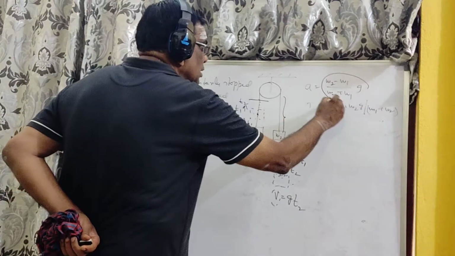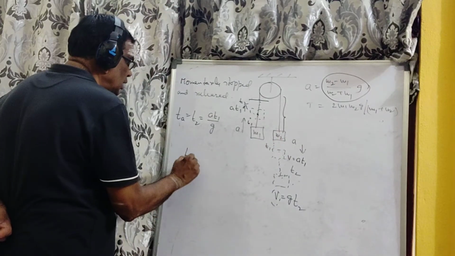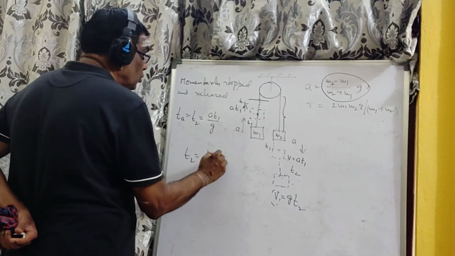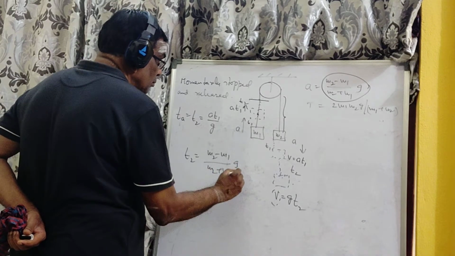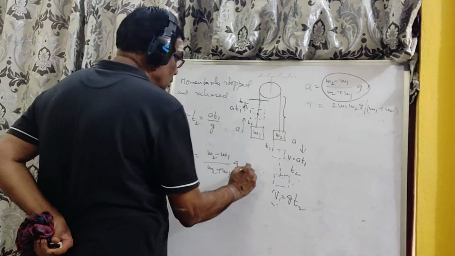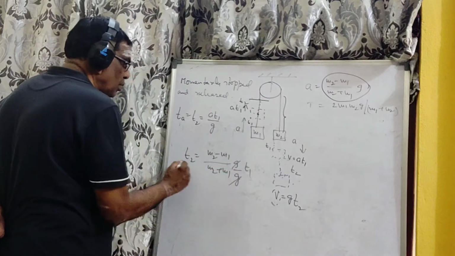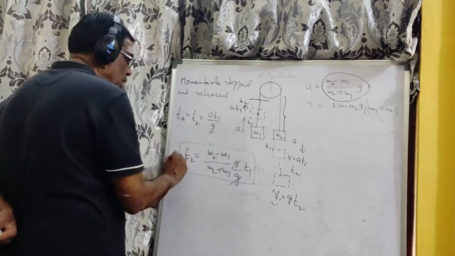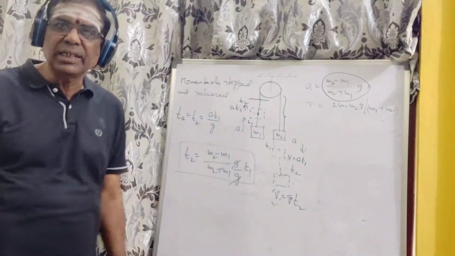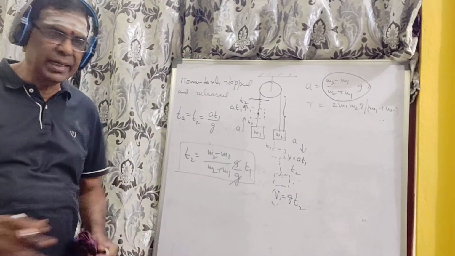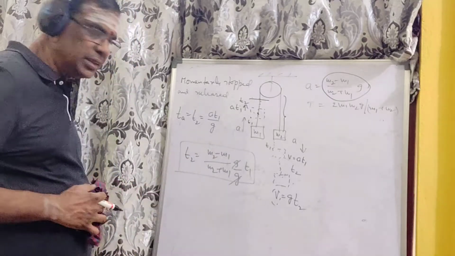You know that this is A. So, the T2 will be (M2 minus M1) by (M2 plus M1) into T1. So, after a time (M2 minus M1) by (M2 plus M1), string gets taut again. I hope this is clear to you, right?